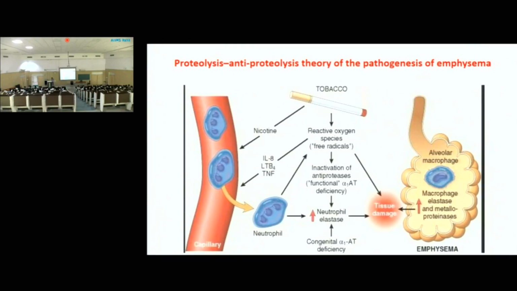The formation of reactive oxygen species or free radicals. Along with this, there is production of interleukins, leukotrienes and tumor necrosis factor that leads to activation of neutrophils, and these neutrophils secrete elastases, right?